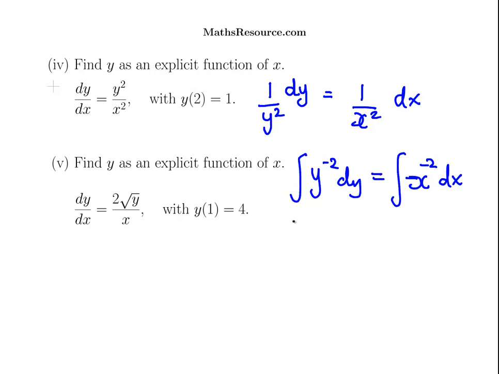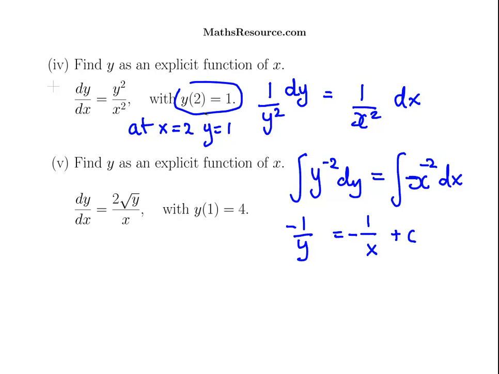That is minus 1 over y equals minus 1 over x plus c, and y at x equal to 2, y is equal to 1. That's just another way of writing that. So minus 1 over 1 is equal to minus 1 over 2.